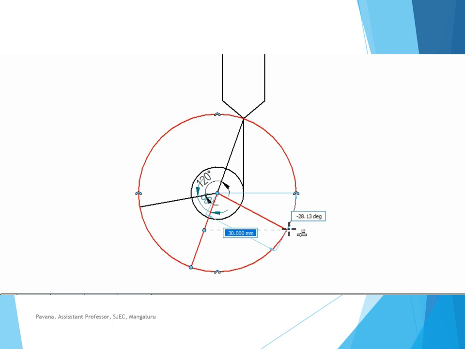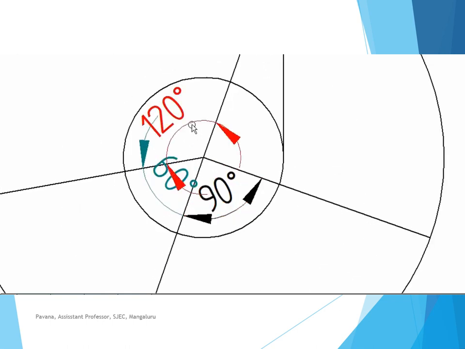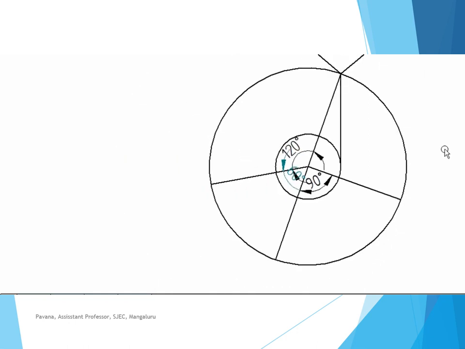From here, draw a perpendicular line, that means 90 degrees. So the angle between this line and this line should be 90, like this. So divide the angles in this manner.